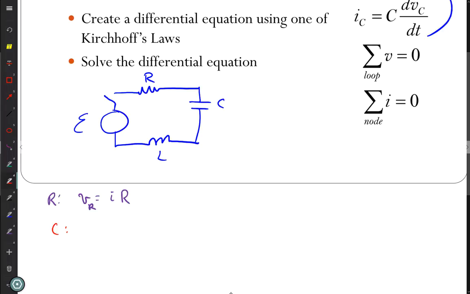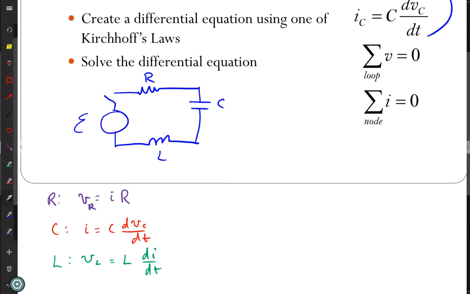What about an inductor? Okay, so there I have my relationships between the three.